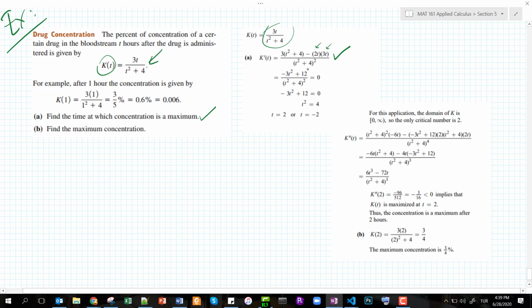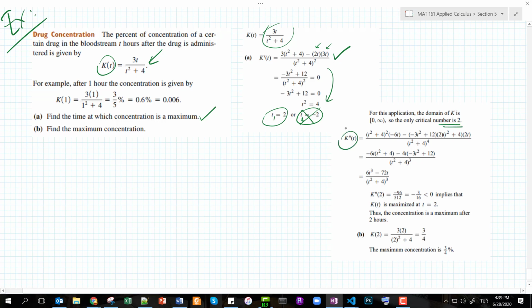That's the quotient rule I just applied, and this gives you some critical points, the points which make my derivative 0. But since this function is always positive, and the domain of t is positive numbers, since time cannot be negative, my only critical number is going to be 2.